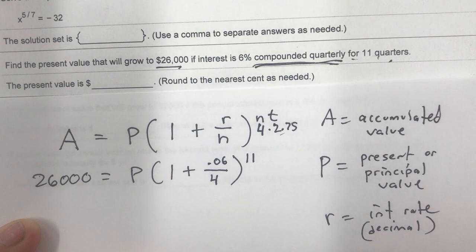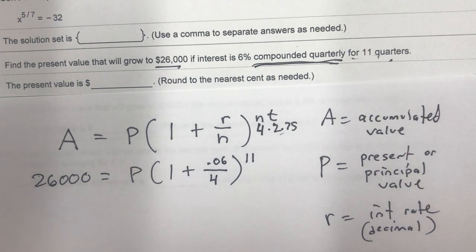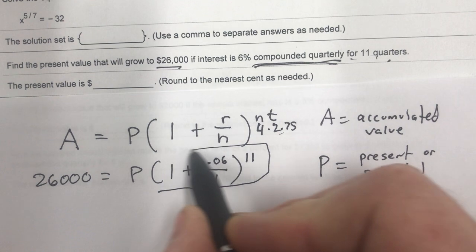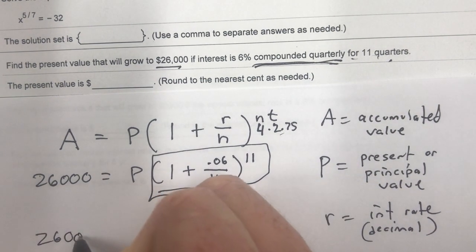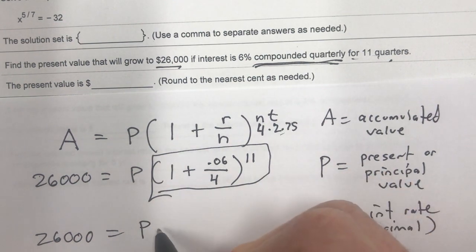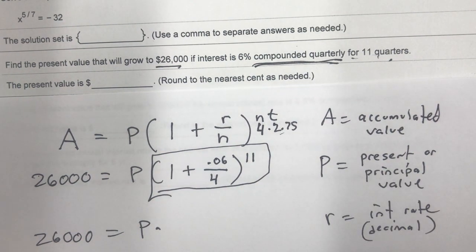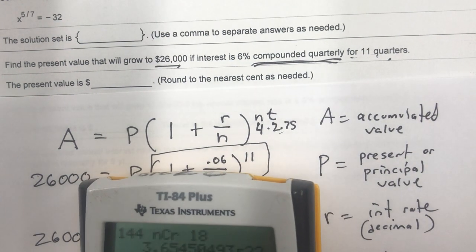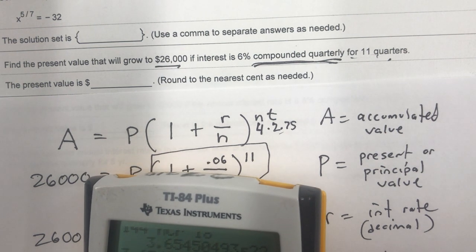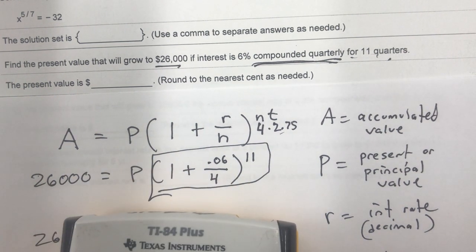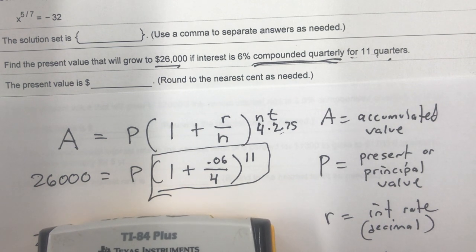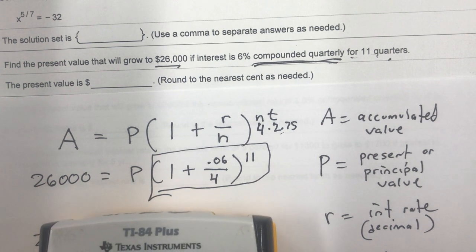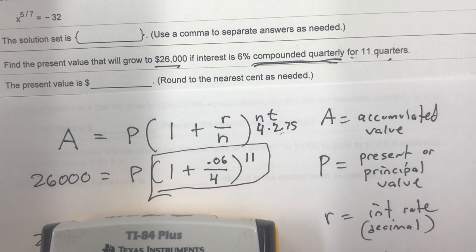And so I'm going to solve this equation here. All this right here, I can type that in the calculator. So I have 26,000 equals P times whatever that comes out to. I'm punching in parentheses 1 plus 0.06 divided by 4 to the 11 power.